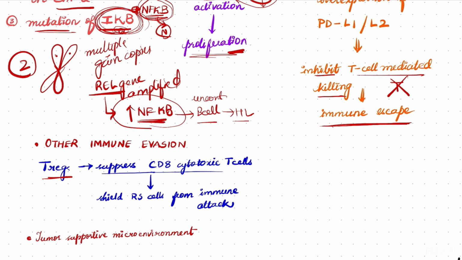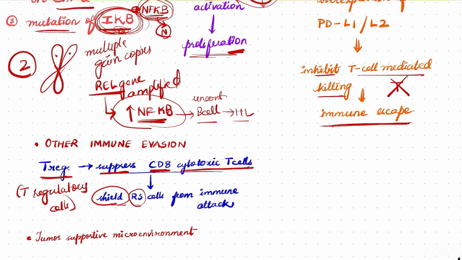Here, TREGs means T regulatory cells. What do they regulate? They regulate the cytotoxic T cells. They suppress the CD8 cytotoxic T cells. Therefore, the RS cell, that is the neoplastic B cell, is shielded.